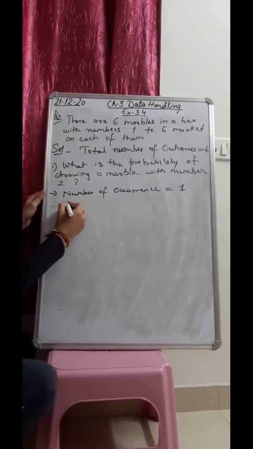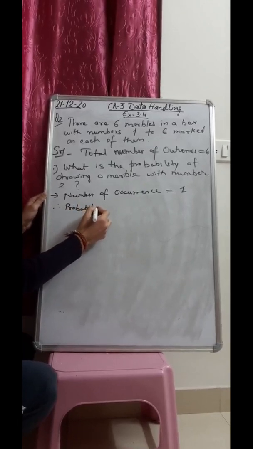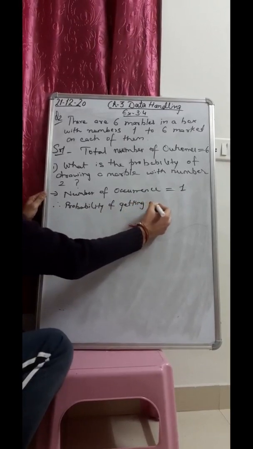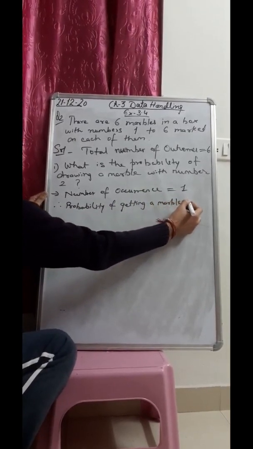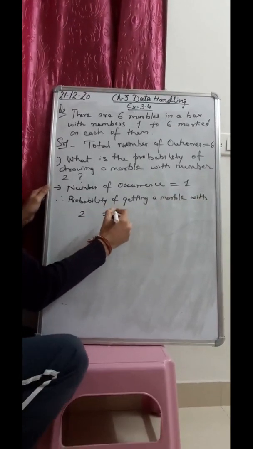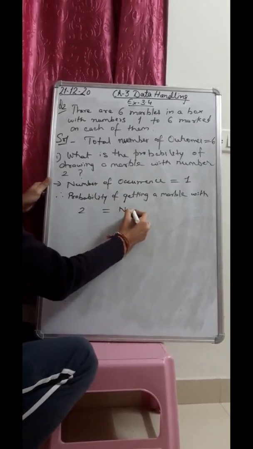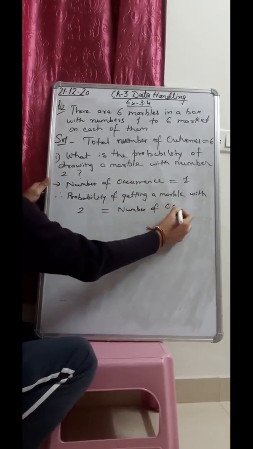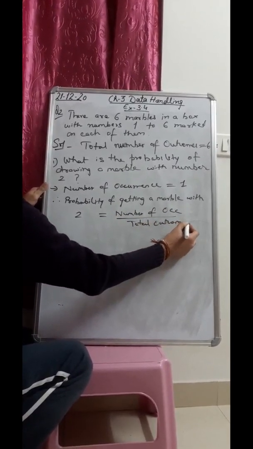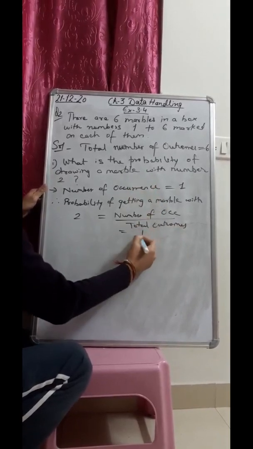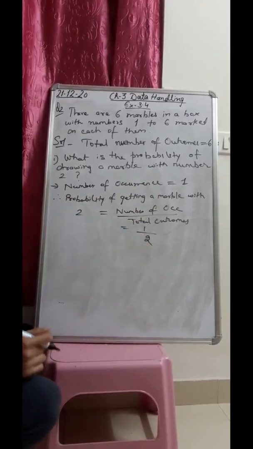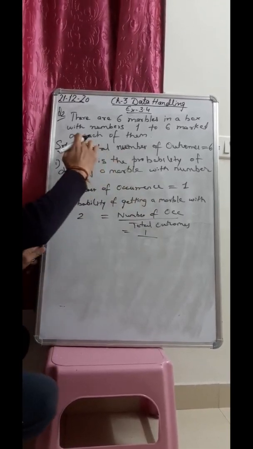Therefore the probability of getting a marble with number 2 is equal to the number of occurrences upon total outcomes. The number of occurrences is 1 and the total number of outcomes is 6.